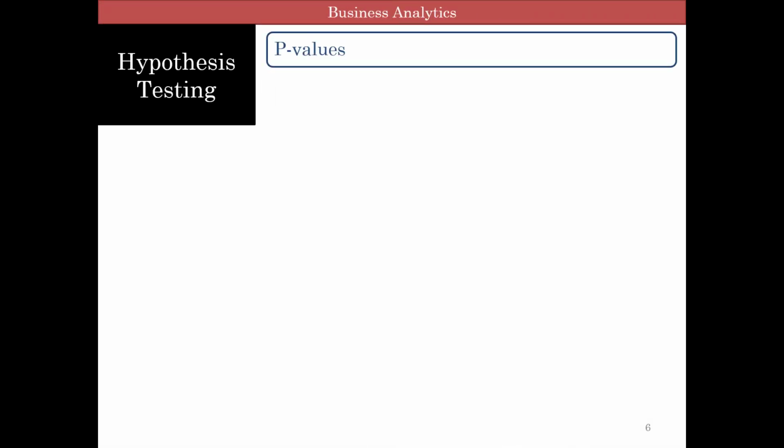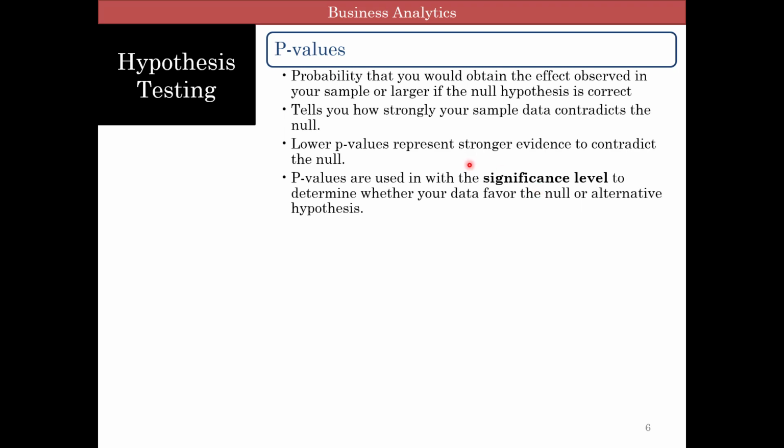So let's talk about what p-values are. You're going to use these things called p-values in your hypothesis testing. The p-value is the probability that you would obtain the effect observed in your sample, or larger, if the null hypothesis is correct. It tells you how strongly your sample data contradicts your null. The lower the p-value is, the stronger the evidence to reject the null, right?